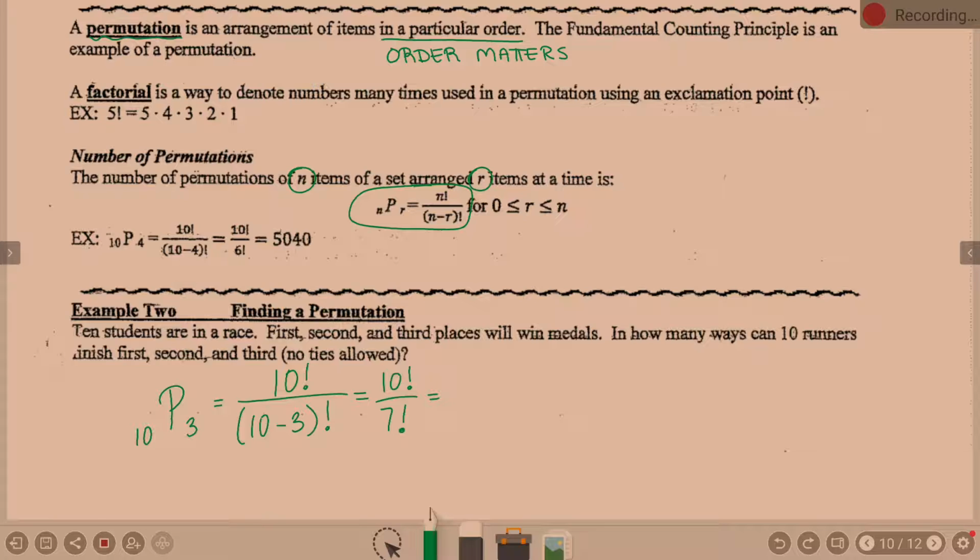Now, you can do this a couple of ways on your calculators. Could you do 10 factorial divided by 7 factorial? Yeah. I could do 10 exclamation point divided by 7 exclamation point. I got 720. Okay.